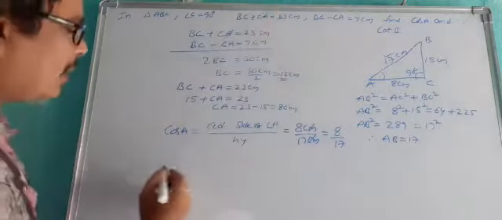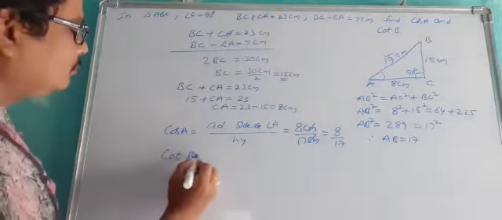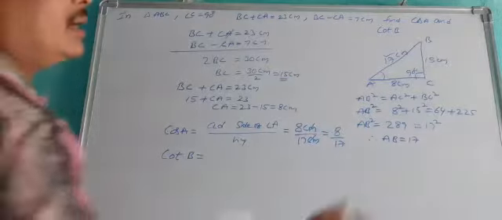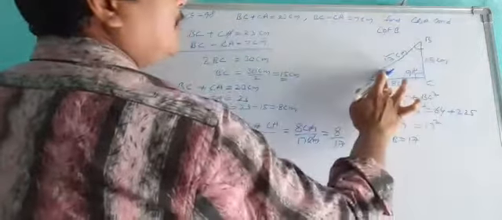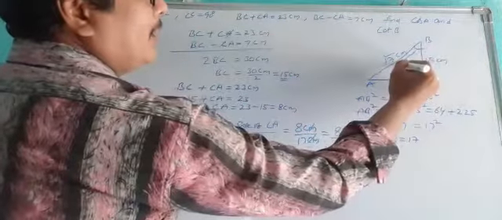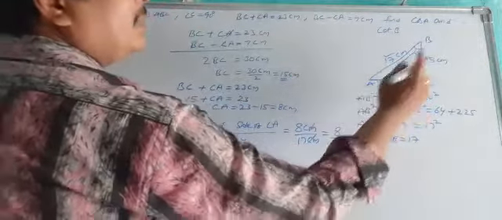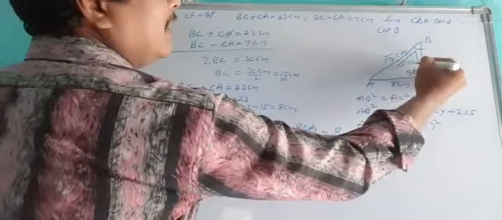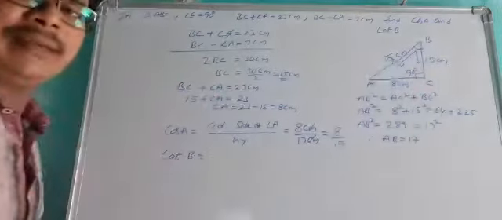And another one is cot B. So cot B means what? With respect to angle B, where is the opposite side? That is 8 centimeters. Where is the adjacent side? That is 15 centimeters.